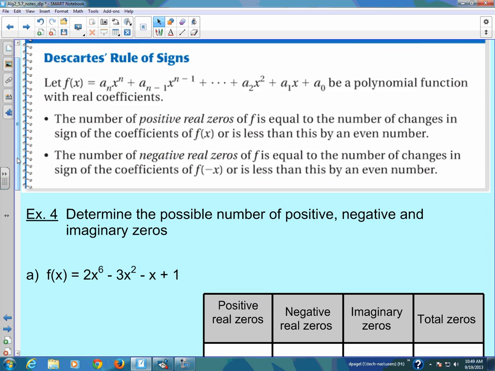So given some polynomial f of x in the following form up here, again, our generic form of a polynomial, the number of positive real zeros is equal to the number of sign changes of the coefficients of the polynomial f of x, or it is less than this by an even number.